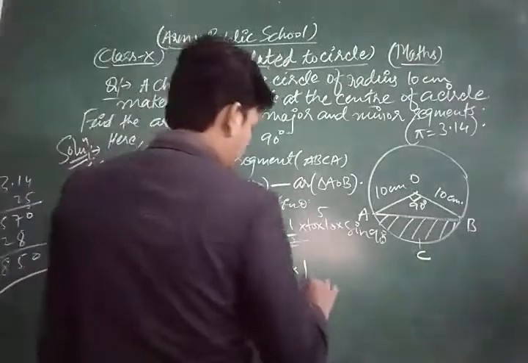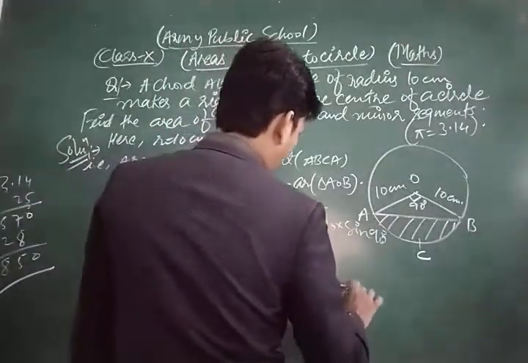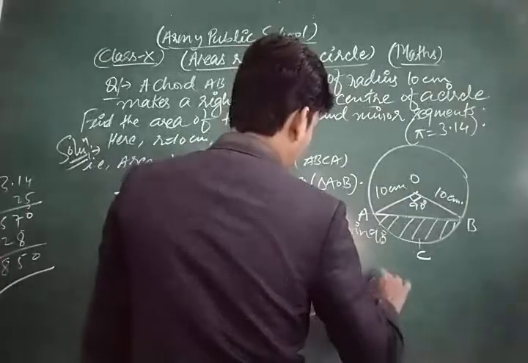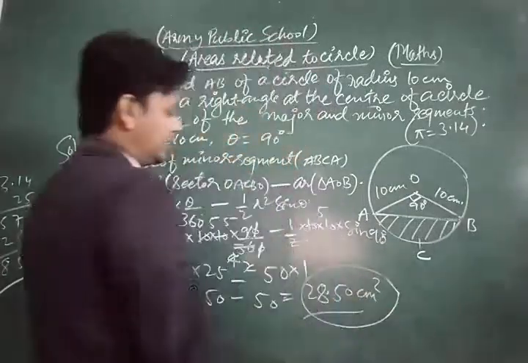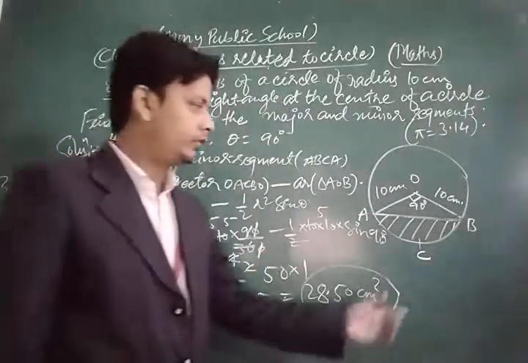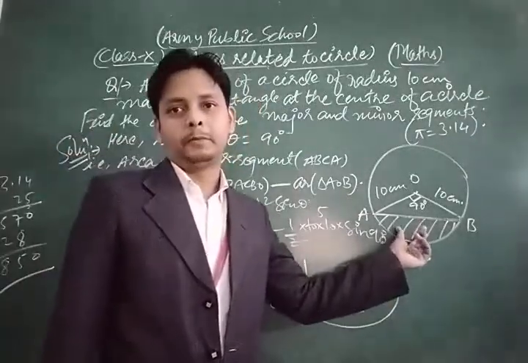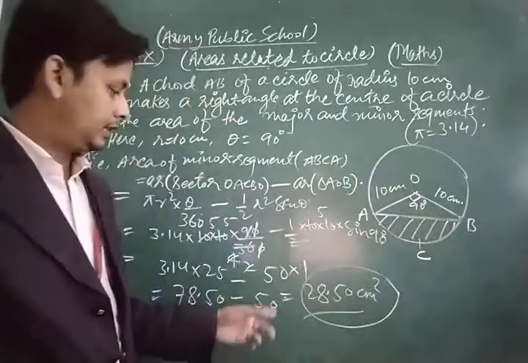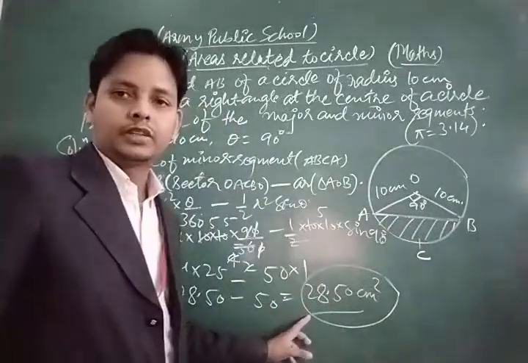This is 28.50 centimeter square. Dear student, this is the value of its minor segment. The value of the minor segment is equal to 28.50 centimeter square.